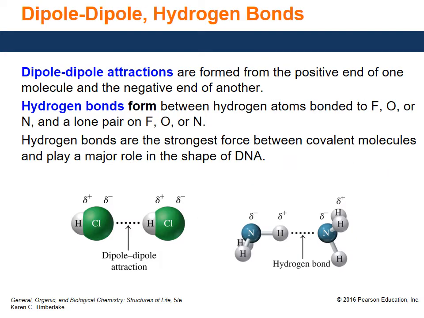The next type of force is the dipole-dipole force of attraction. As the name suggests, what is a dipole? A dipole is created when there is polarity, when the molecule is polar or when the bond is polar. Whenever the molecule is polar, there would be a force of attraction between two polar molecules, called the dipole-dipole force of attraction. What does that mean? For instance, we saw the HCl molecule is a polar molecule.